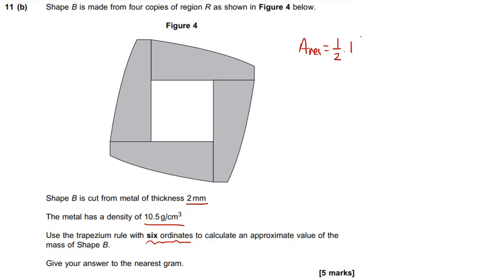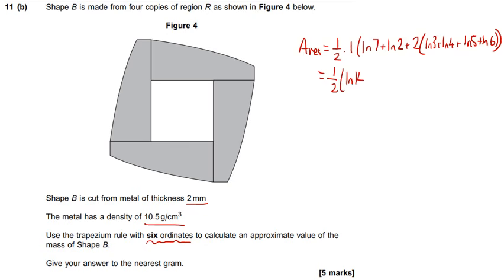Multiplied by the 2 endpoints, ln7 plus ln2, plus 2 times all of the other values, which are just going to be ln3, ln4, ln5, and ln6. You can use your rules of logs to simplify this before you use your calculator.